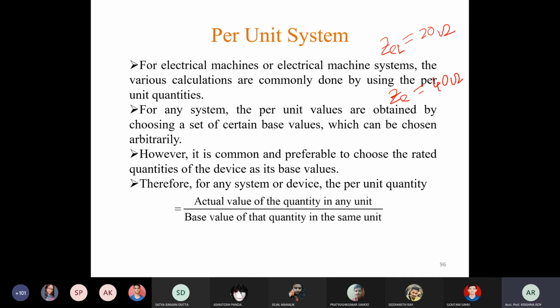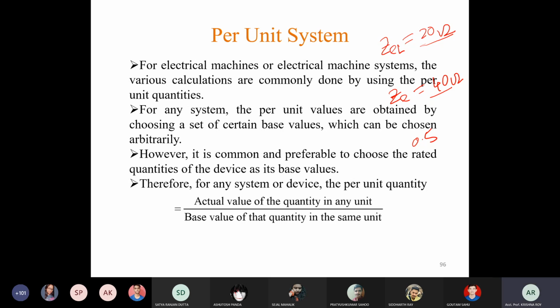So we have to select one base value in the same unit, then we have to take the ratio of these two. That means the actual value 20 ohm divided by the base value, then we will get the per unit value, which is 0.5. Now see, the per unit quantities are unitless because they are the ratio of two similar quantities. Okay, so in this way we have to define per unit quantity.